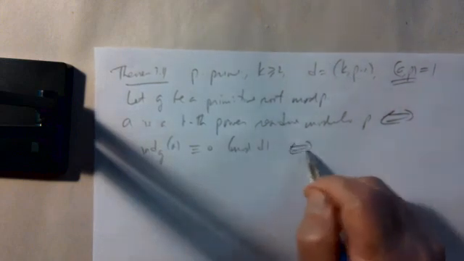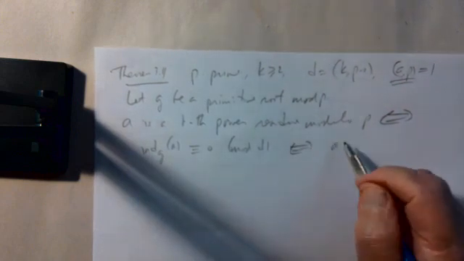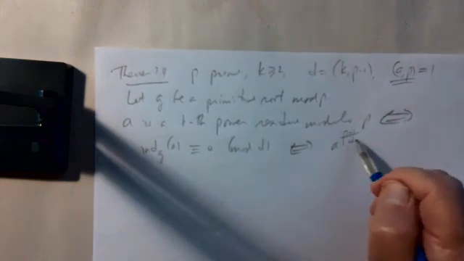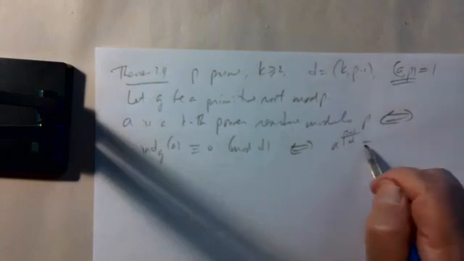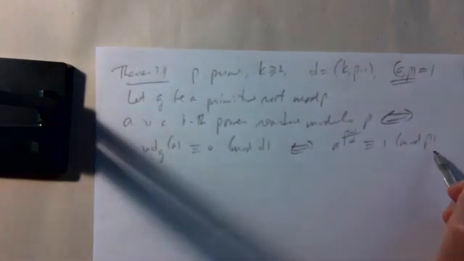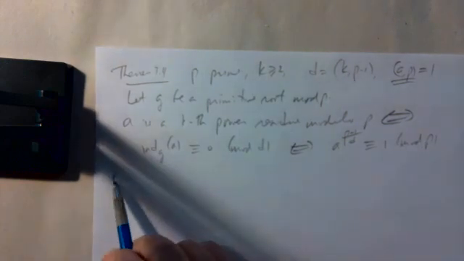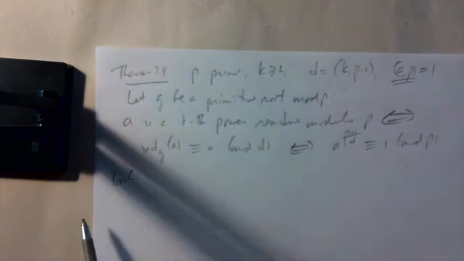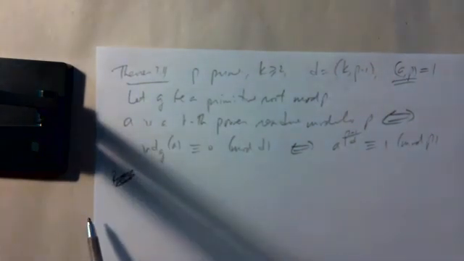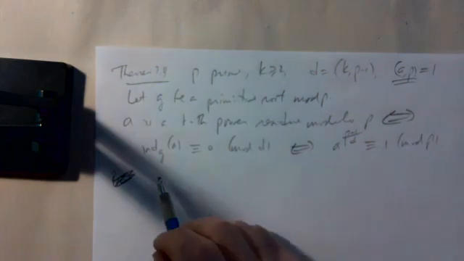And an equivalent statement is that if I take A and raise it to the power P minus 1 over D, which we know is an integer, this is congruent to 1 mod P. And how many kth power residues are there, if there are any at all?